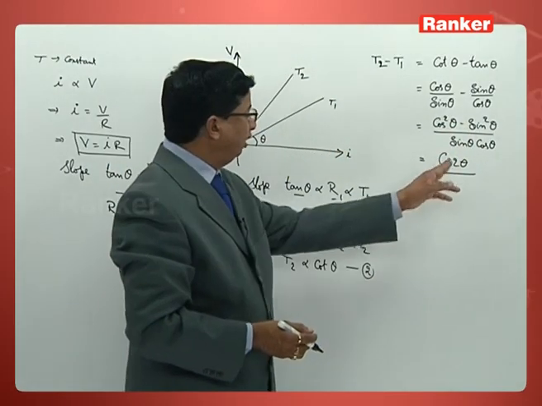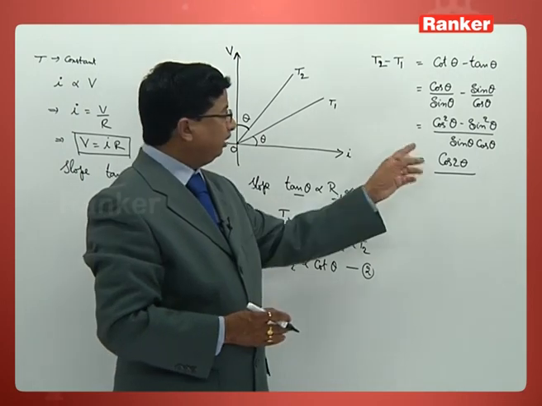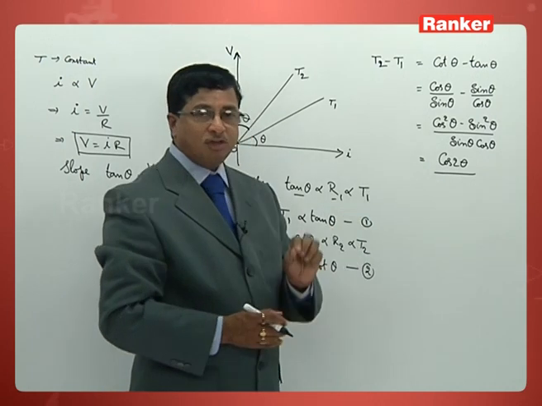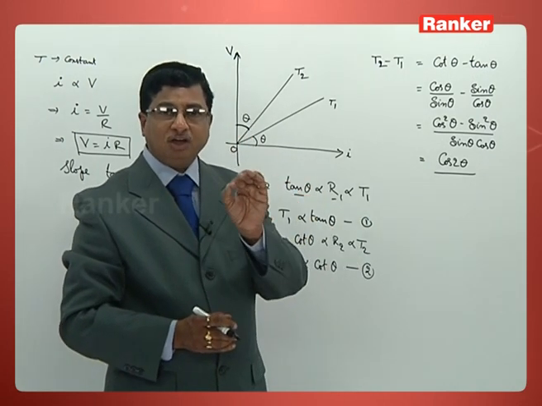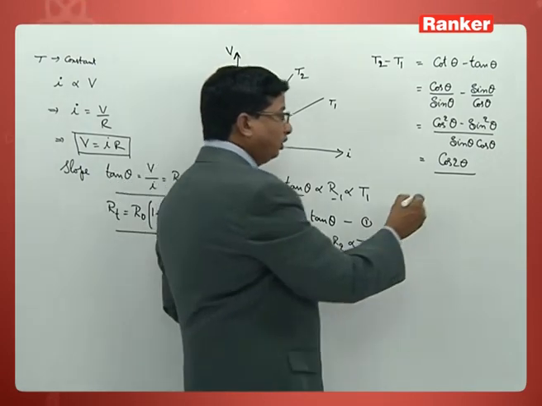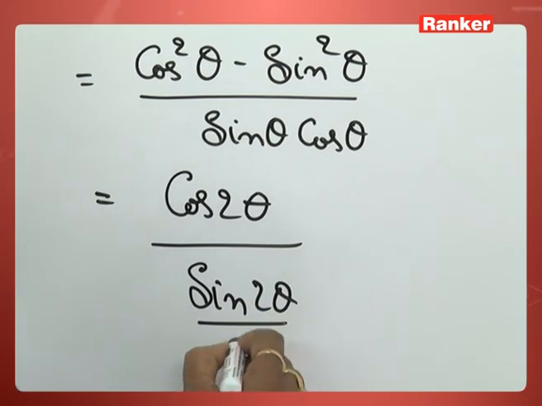And all of you know well, sin theta cos theta we have. This sin theta cos theta can be written as 2 sin theta cos theta divided by 2, that is, sin of 2 theta divided by 2.